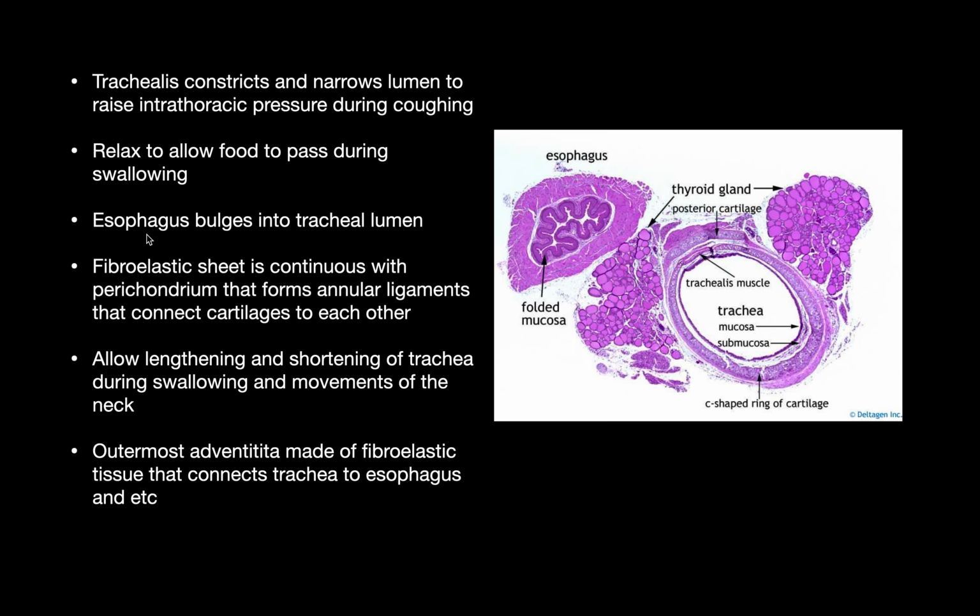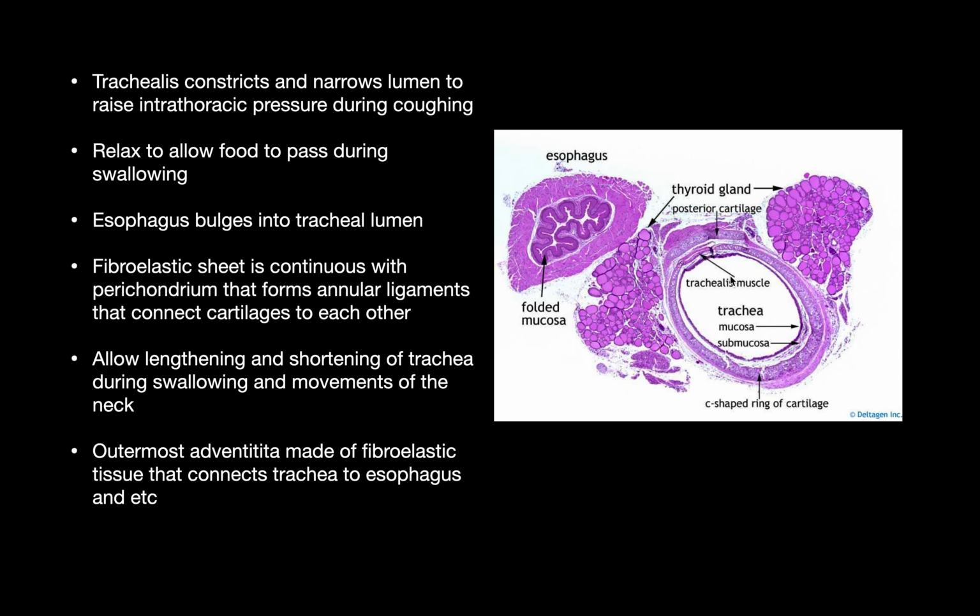As you can see here, bulges, and the fibroelastic sheet of the esophagus is continuous with the perichondrium. Wait, I'm sorry, not the esophagus, the trachea.